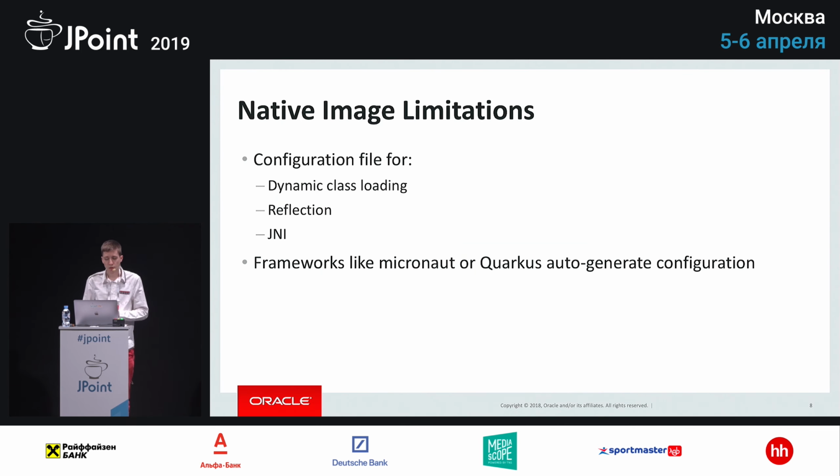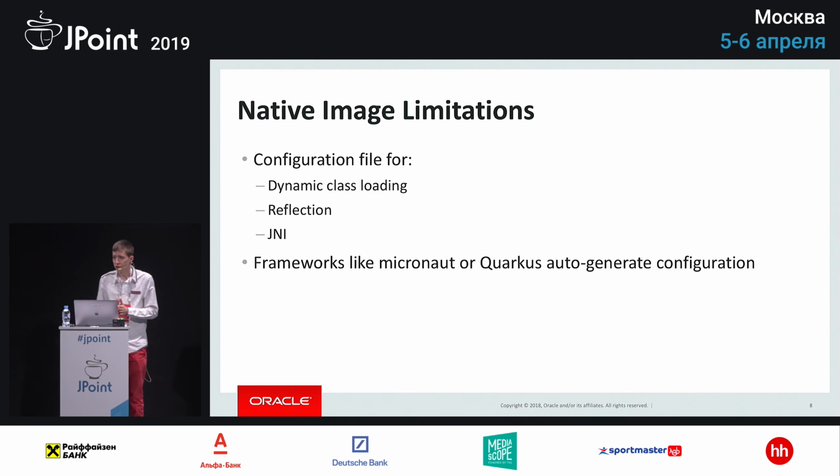So native image has certain limitations because Java has a kind of dynamic behavior that makes it hard for a closed-world analysis to be successful. In Java, you could theoretically load a class file from a network stream and create it at runtime. And so therefore you have to specify what dynamic class loading your application is doing, and what reflection the application is doing.